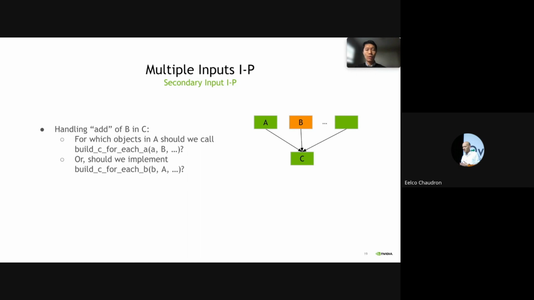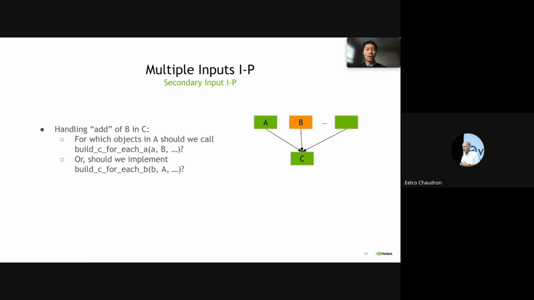If we want to reuse the same function that generates the C for each object A, then we need to figure out what are the object A's impacted by this object B change. It requires us to maintain a relationship between A and B so that we can tell what A is impacted when there's change in B.